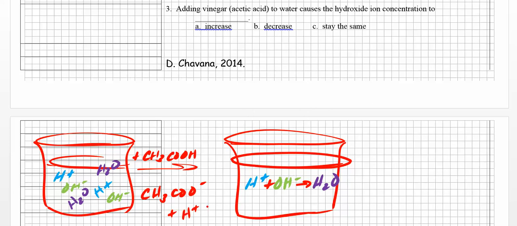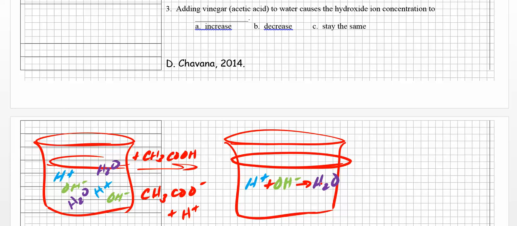And when I get those H plus ions, those hydrogen ions are going to associate themselves, in many cases, with the OH minus ions that are freely floating around that I've already demonstrated to you. And they're going to form water, right? So the hydroxide ions are being gobbled up by the hydrogen ions to form water, right?